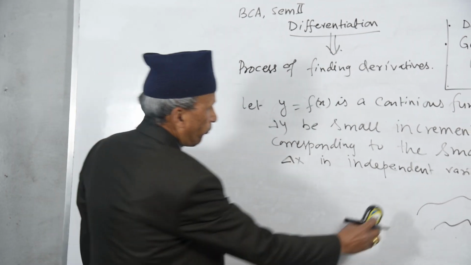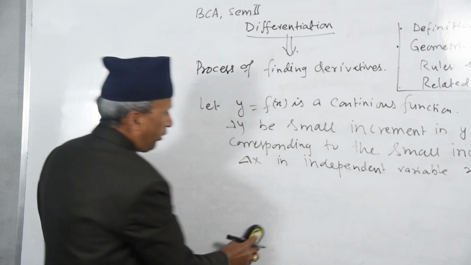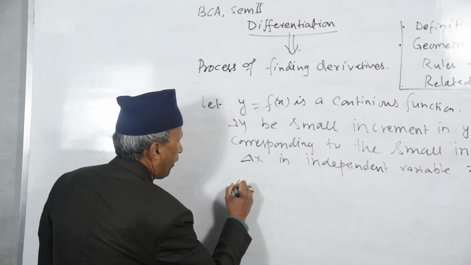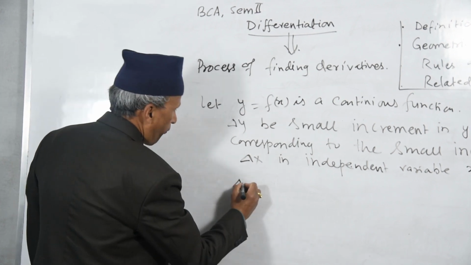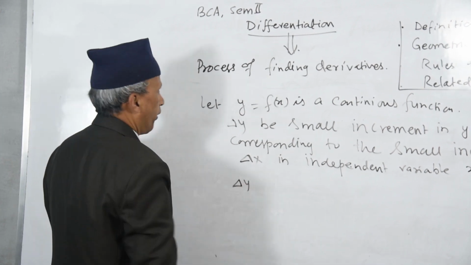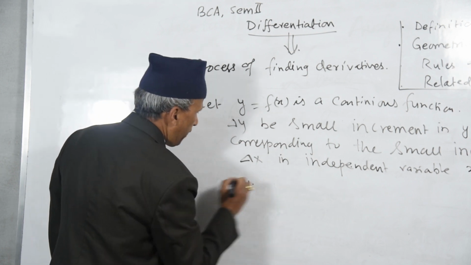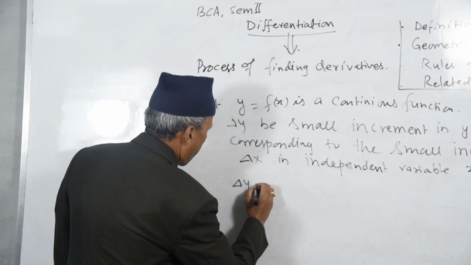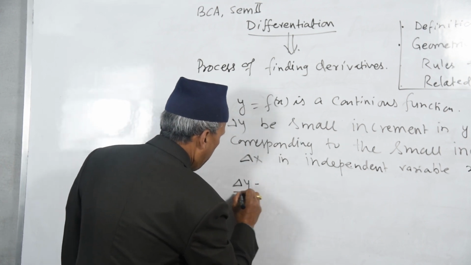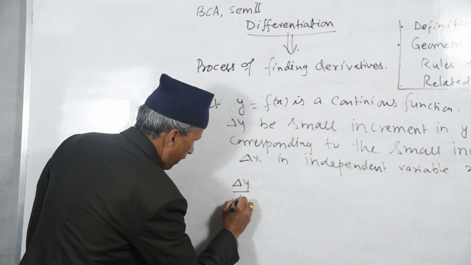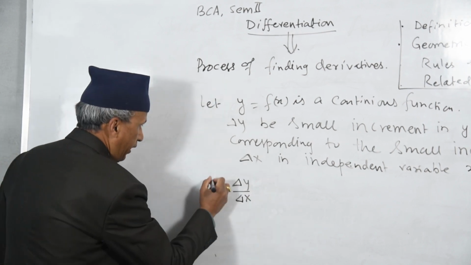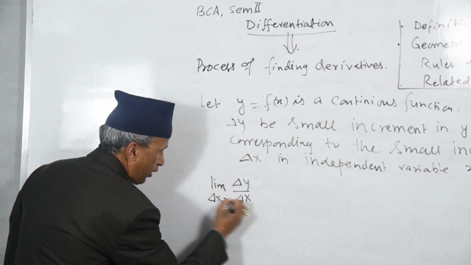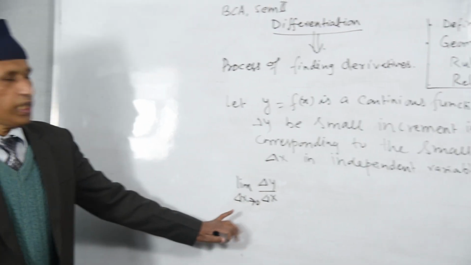In this case, first we see the increment delta y, divided by delta x, with limit delta x tends to 0.